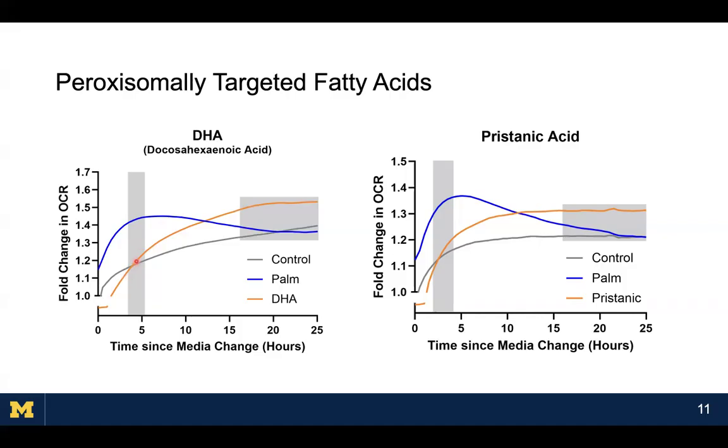At least in these early time points, whether DHA is inhibited or not, those lines are right on top of each other. That's a nice check, and I'll show some similar data in a minute to show that when we inhibit the mitochondria, most often the peroxisomally targeted fatty acids are not affected at all, and their rate of OCAR remains the same. Thank you.